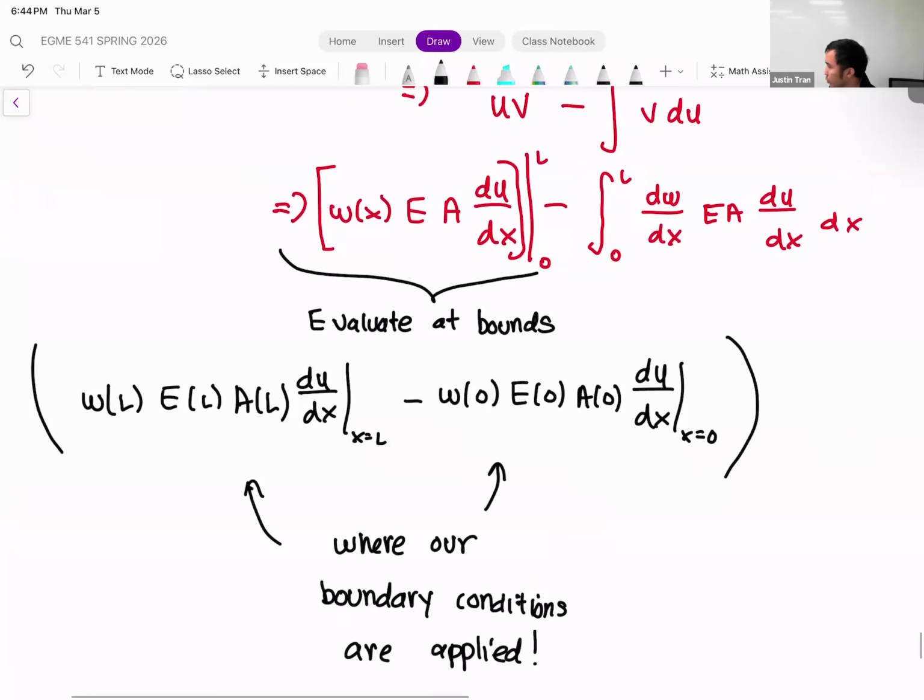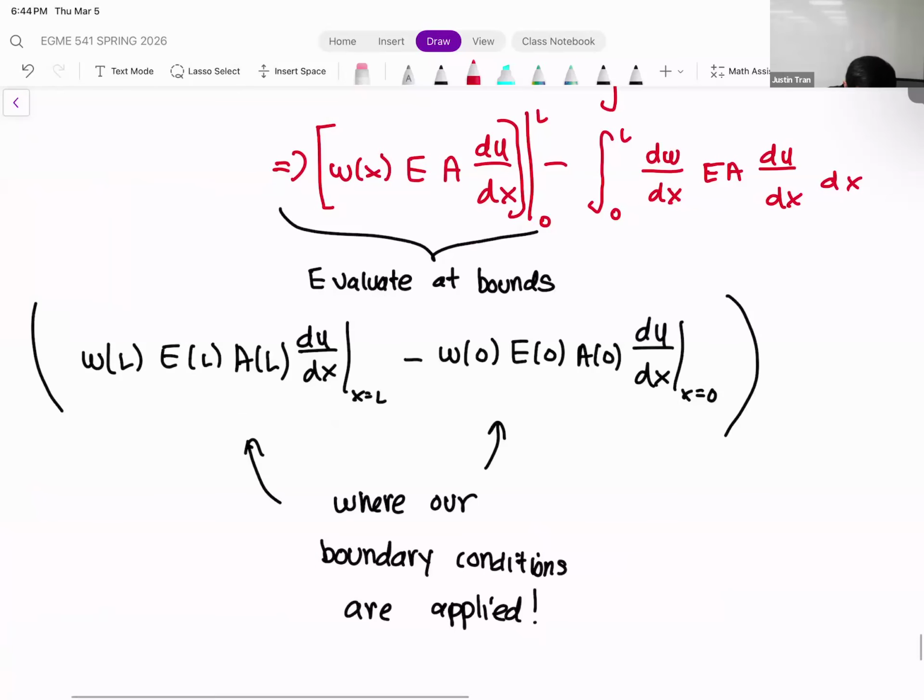For this particular case, we haven't specified where the Dirichlet boundary condition is, but for every boundary value problem, you have to have at least one Dirichlet boundary condition. You can't have all Neumann boundary conditions. That means one of these will equal 0, because either W of L or W of 0 has to equal 0.